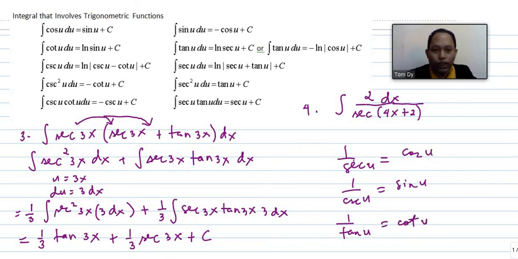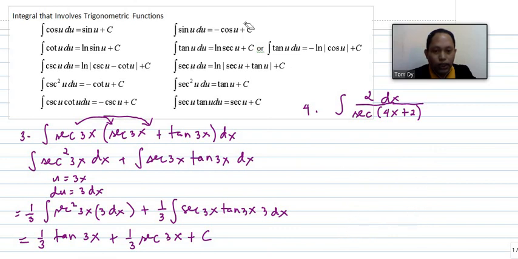So these are just the inverse of some trigonometric functions, or some identities of trigonometric functions. So going back to this one, we will write it as, okay, so we have these 2, I will write first 2, and then 1 over secant equals cosine. I will write it here.